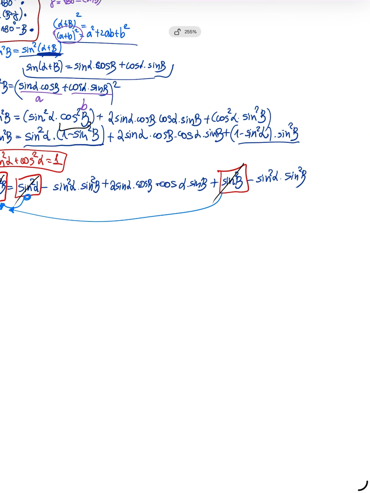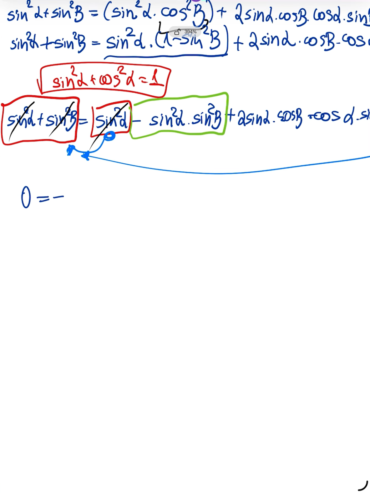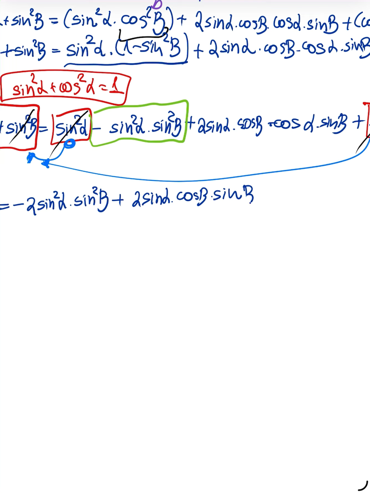We have minus sinus 2 alpha times sinus 2 beta, and here we have the same thing, minus 2 sinus square alpha times sinus square beta. So basically it's 2 times sinus square alpha times sinus square beta, and plus 2 times sinus alpha times cosine beta times sinus beta times cosine alpha.